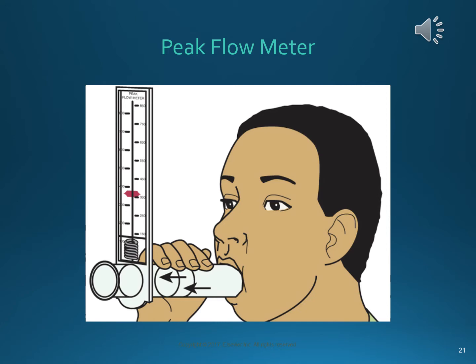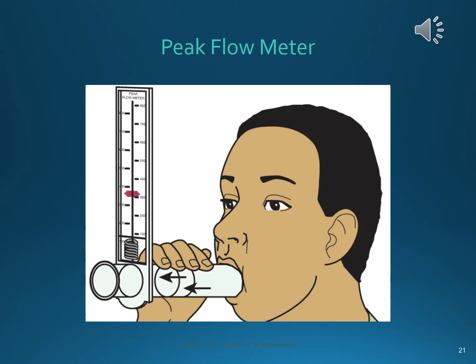A peak flow meter is something that often gets mixed up with an incentive spirometer. If you recall, an incentive spirometer is something that you inhale with, and they're looking to see the amount of air you are inhaling, the tidal volume.